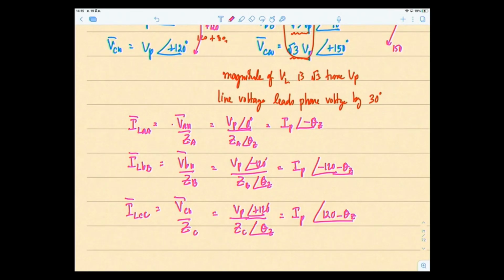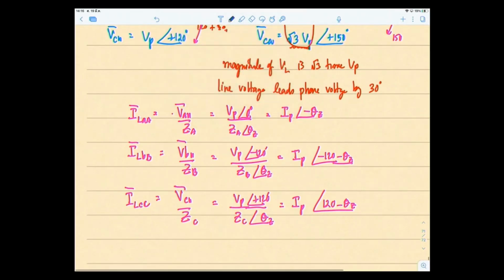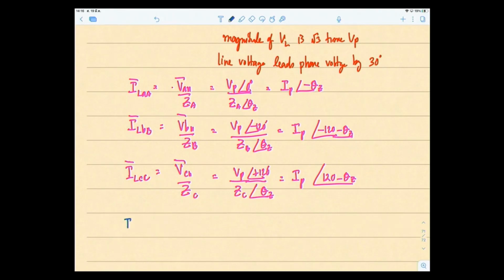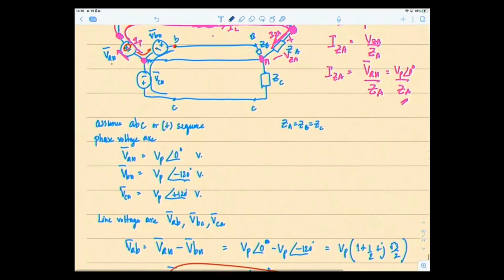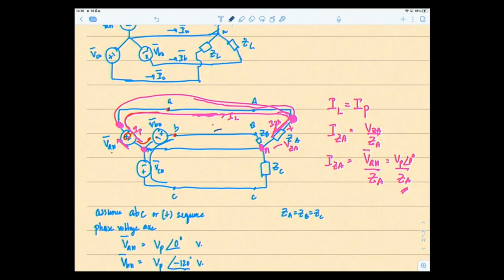Amazingly, if you add them together, IN is equal to I line AA plus I line BB plus I line CC, and the result is 0. If you look at this configuration, everyone comes like this: this is IBB, ICC, and this is IAA.